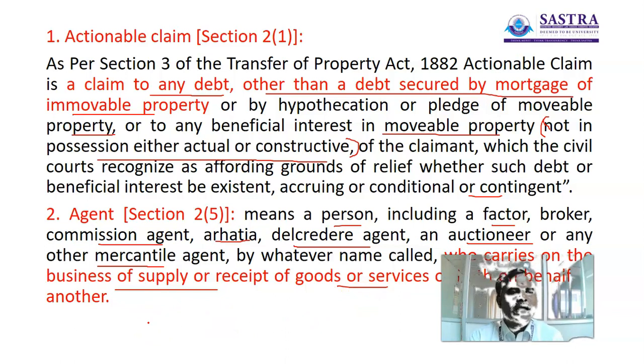Suppose you are acting as an agent, what is your duty? Simply you receive the goods on behalf of your customer. You receive the goods from the supplier, then you supply to your customer. Here you behave like an agent, and for that purpose you claim some commission. This is called agent commission.